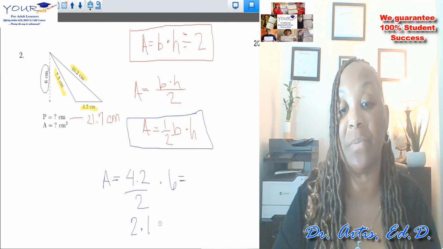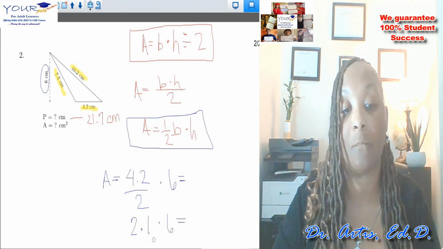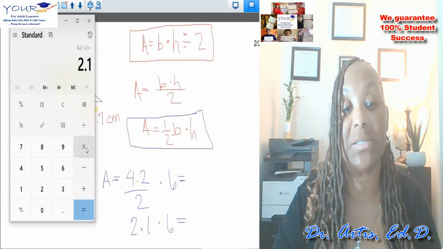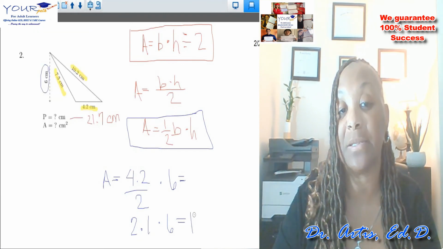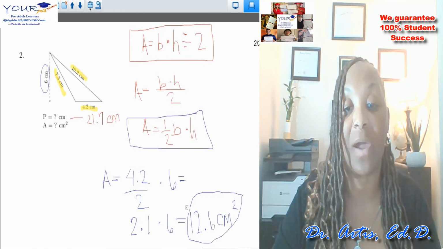Then I'm going to multiply this times 6. So 2.1 times 6 will give me 12.6 as my area. And this area is going to be in centimeters squared. Okay, so this here will be my area for this triangle here.